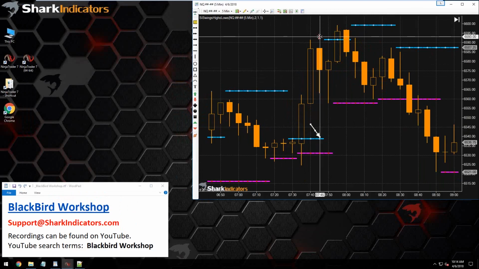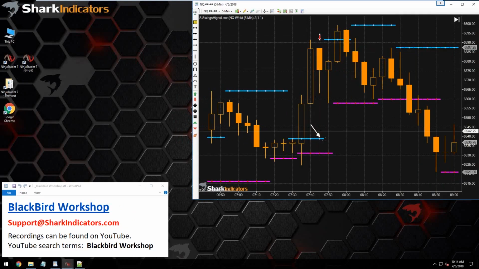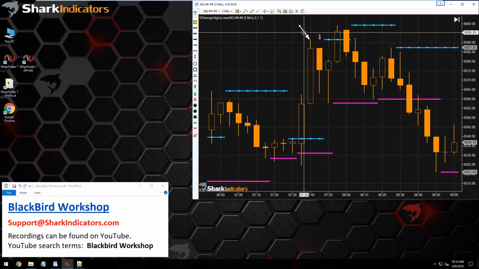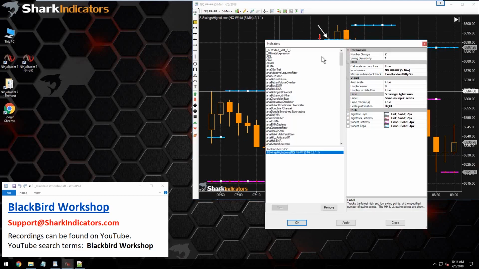Because still, if we try to take a short on this bar, the swing high is still detected as being down here. This swing high hasn't been detected yet by the indicator. We can see it gets detected one bar later, so there's still an issue.